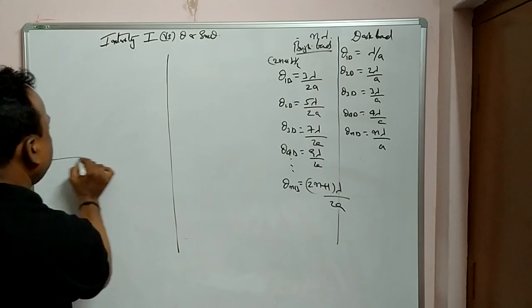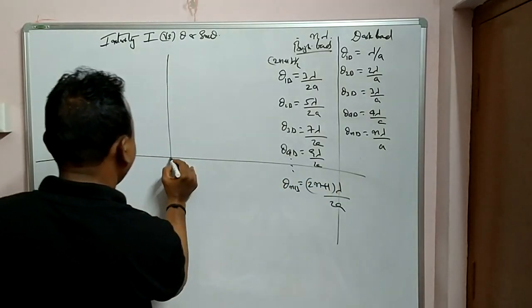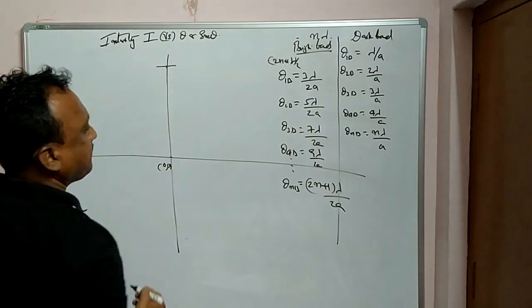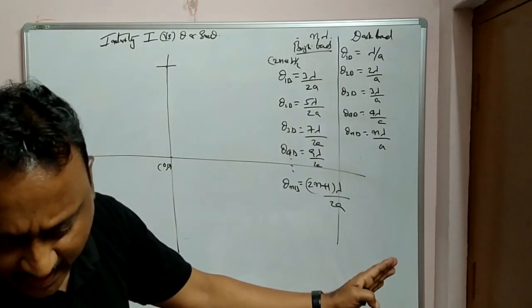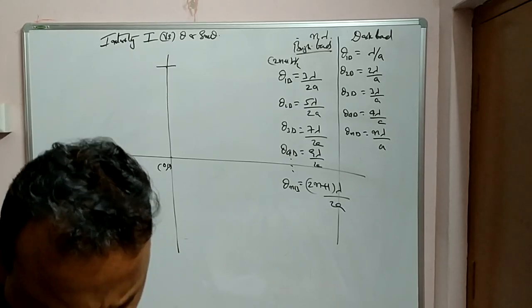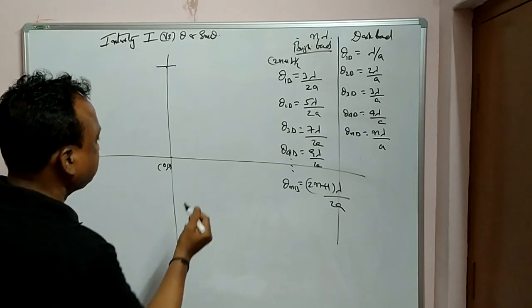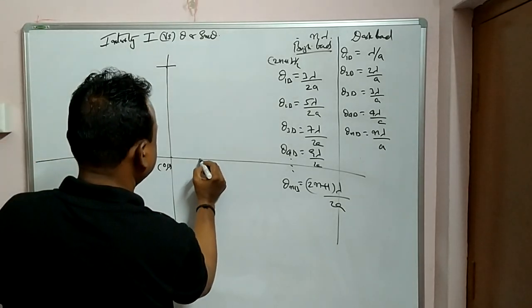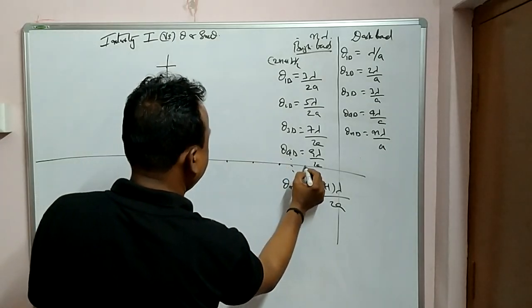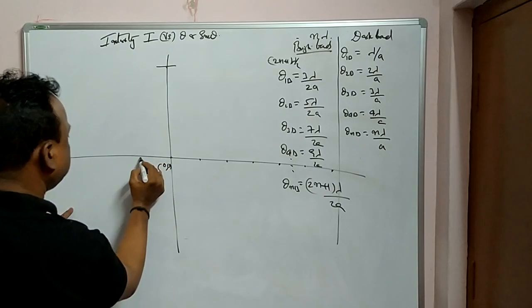Okay? This is the origin. So intensity on one axis, and this is angular positions. Okay. Now you can see here. We'll try to draw the graph.